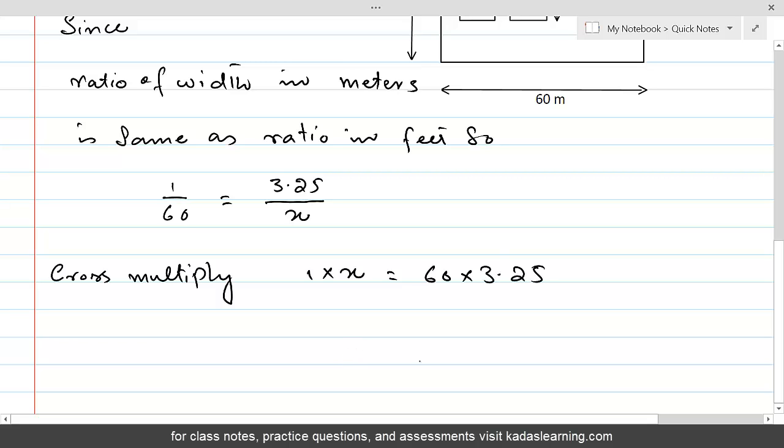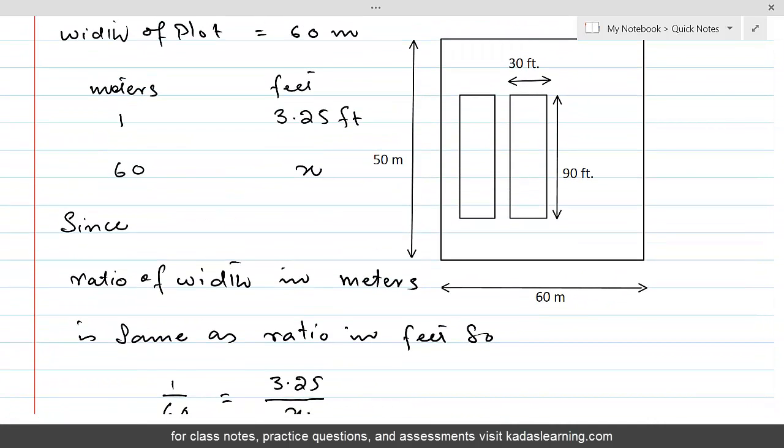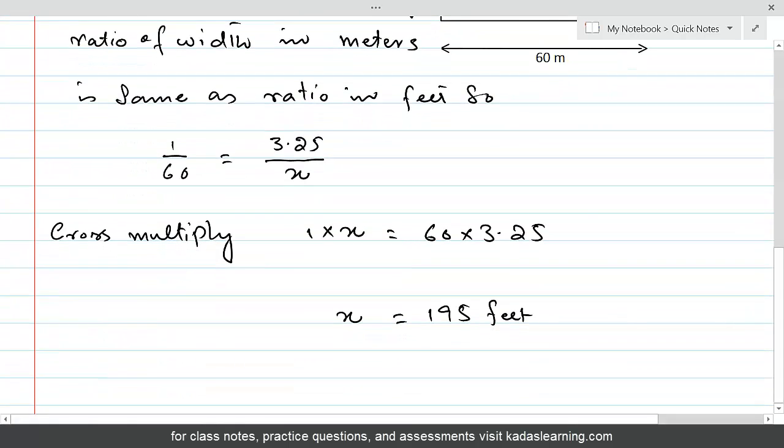So this will be value of X. X would be equal to 60 times 3.25, that will be 195 feet. You can see that X is on the side under column of feet. That's why this X must be in feet. So now we have width of plot in feet.